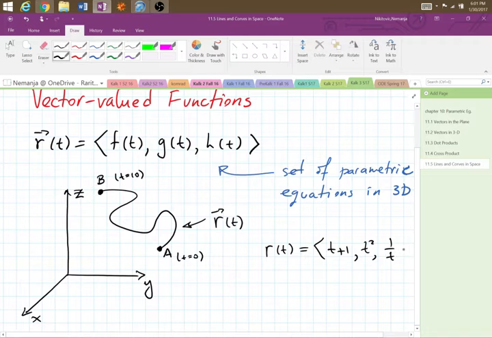There you go. Fixed. Now, let's say this is your vector valued function. You can ask yourself, so where is this point A, right?